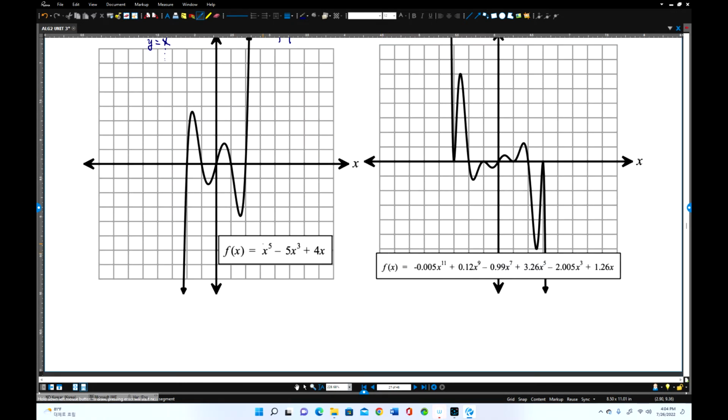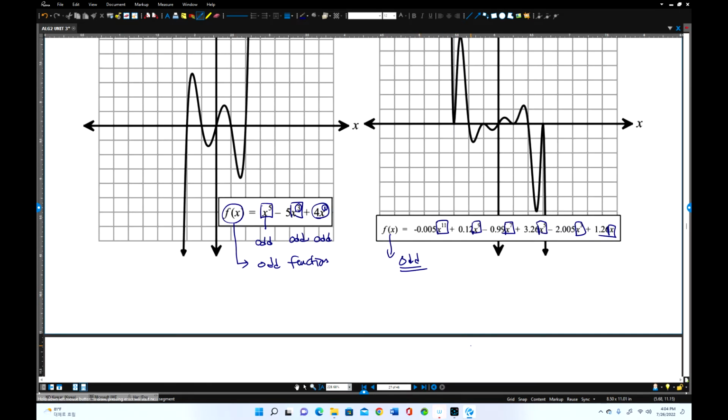One more over here. x to the 5 is an odd number, that is an odd function. x cubed, 3 is an odd number, that is an odd function. x to the 1 is an odd number, whole thing is an odd function. So a combination of odd terms with plus and minus, finally this one is still an odd function. x to the 11 odd, 9 is odd, 3 is odd, 1 is odd. Combination of odd functions, this one is odd.